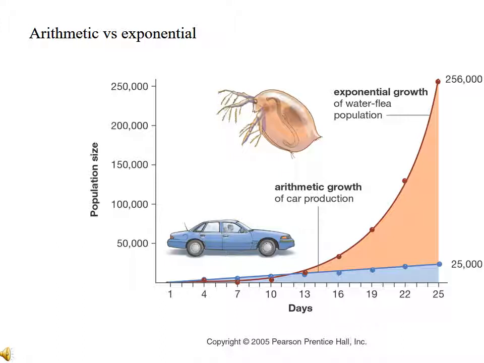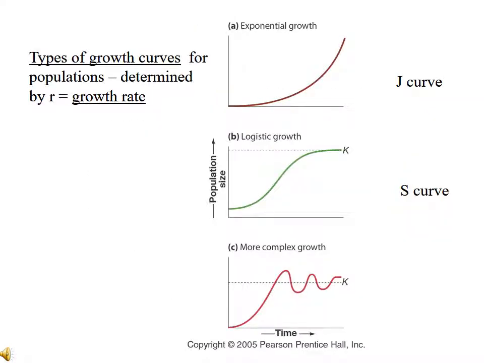Here again, we look at the types of curves that we get with arithmetic and exponential growth. Look at the straight line that you get with the increase in the automobile production. Look at the J curve that you get with the growth of the Daphnia. Again, let's examine the types of growth curves for population.